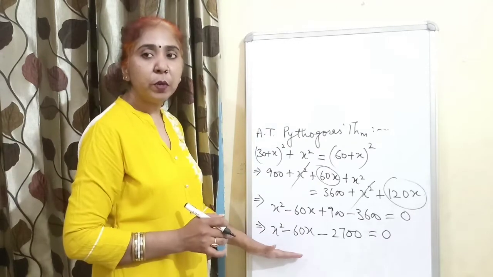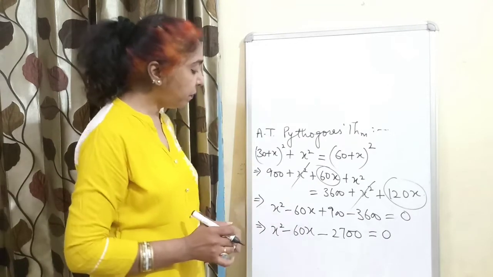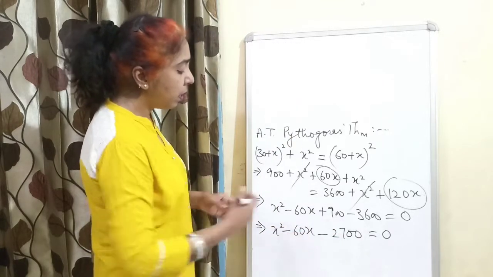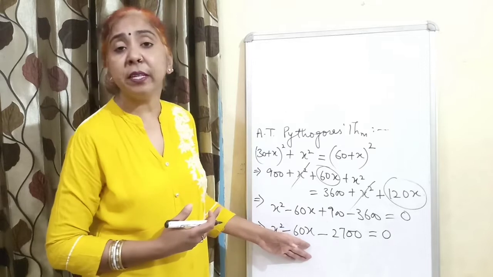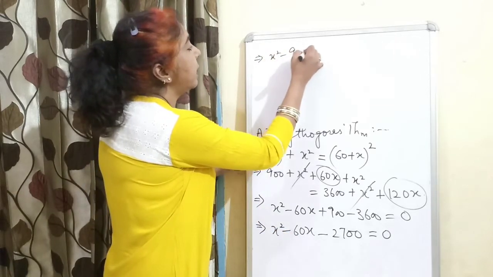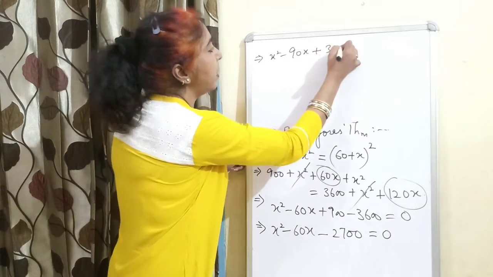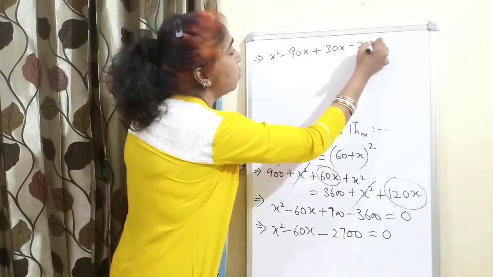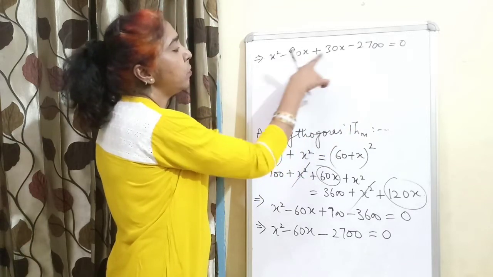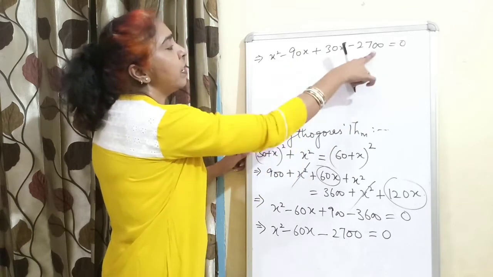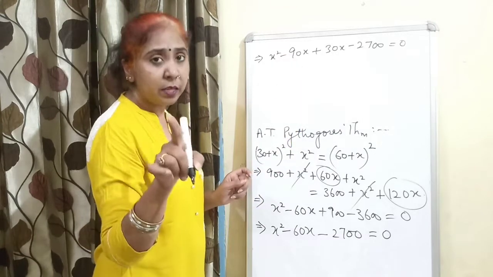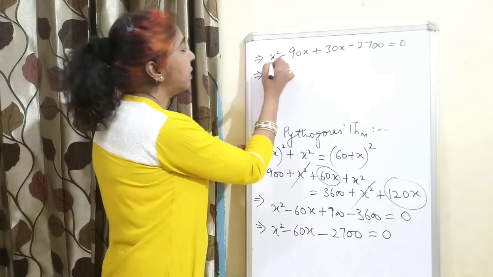So this is our equation, and we have to make the factors of 2700 such that their sum is minus 60. So x square minus 90x plus 30x minus 2700 equal to 0. Because you can see here 9 3s are 27, so 2700 is the product, and minus 90 plus 30 will be minus 60. So these are the correct factors.